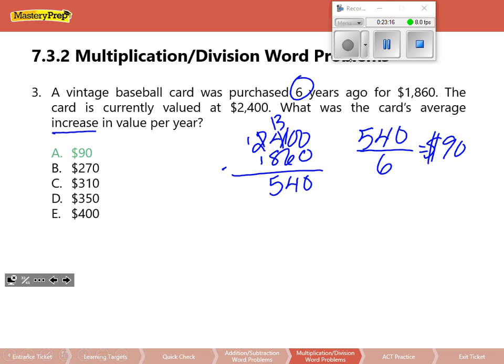$90. Because we know that it's going to increase whatever that amount is across the 6 years, yes? So we could do 6 times 90 and add it to our 1860 and see, does it give us 2400? If it does, awesome. If it doesn't, that's fine.